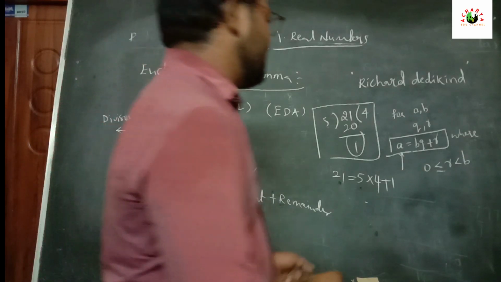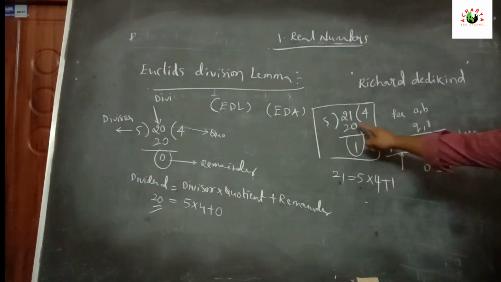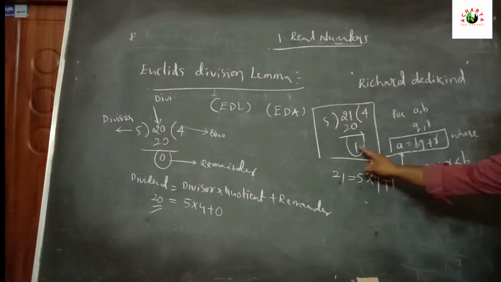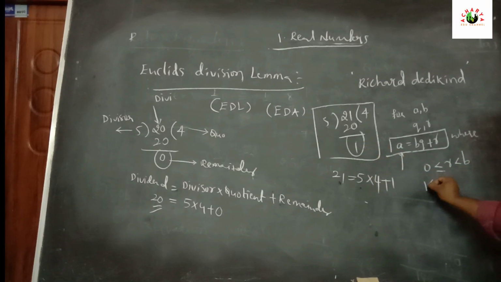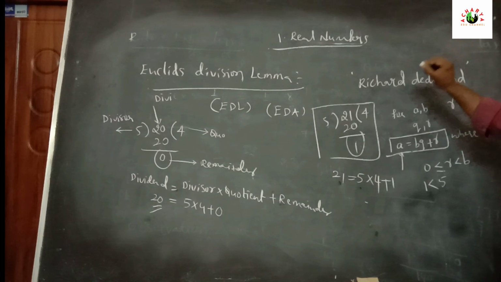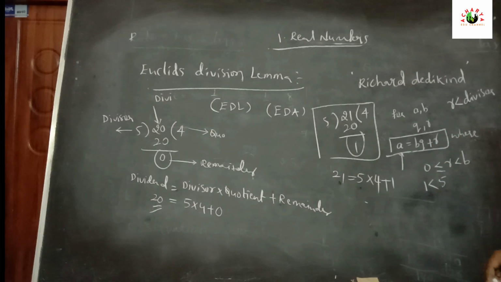Now in this problem, what is the remainder? 1. So this remainder is always less than the value of the divisor. So 1 is less than 5. Just remember that the remainder is always less than the divisor.